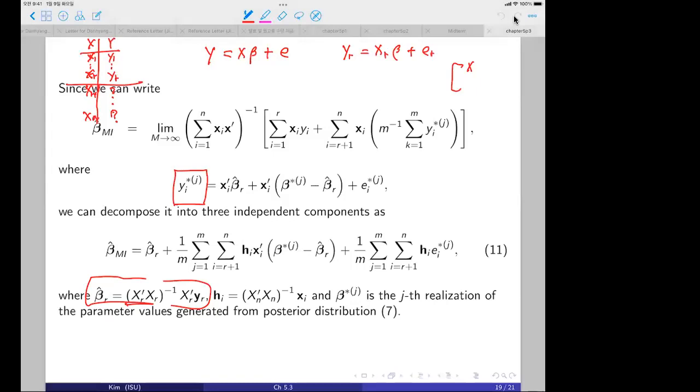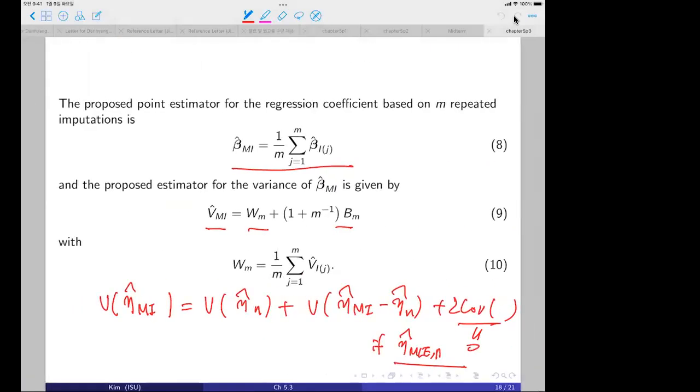You mean the previous writing here. So if this is eta hat, whatever theta or eta, and n is the variance with no missing data, and then you have a variance increase because of missing data.